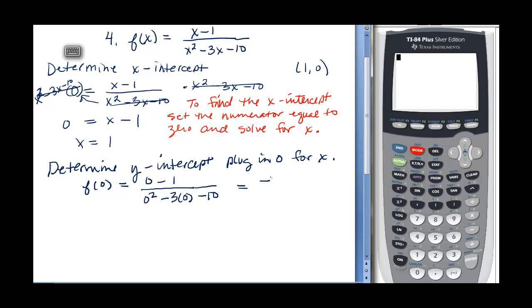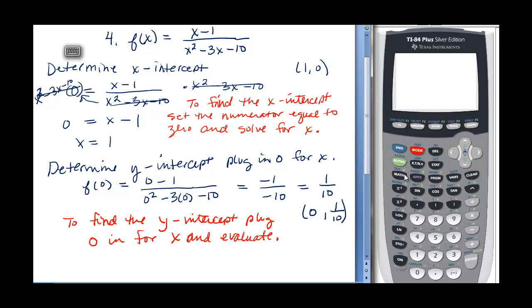So we would have negative 1 over negative 10, which is equal to 1/10. So there our y-intercept is going to be (0, 1/10). So again, to reiterate, to find the y-intercept, plug 0 in for x and evaluate.